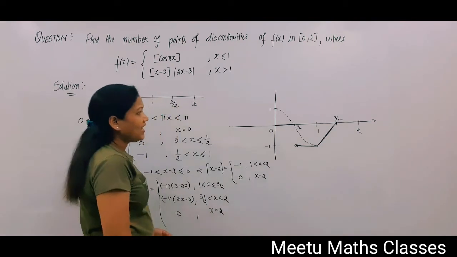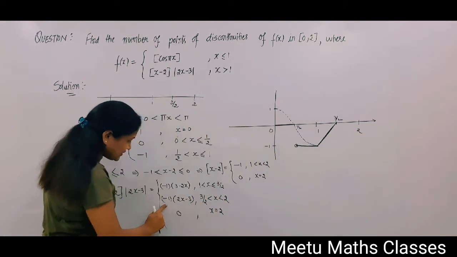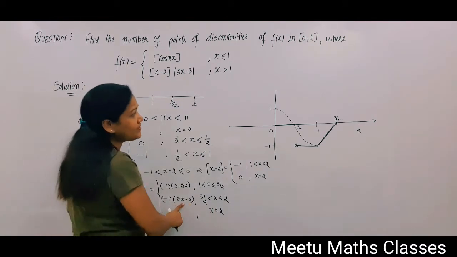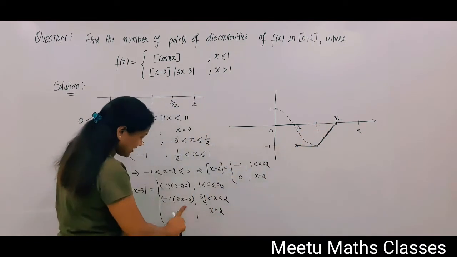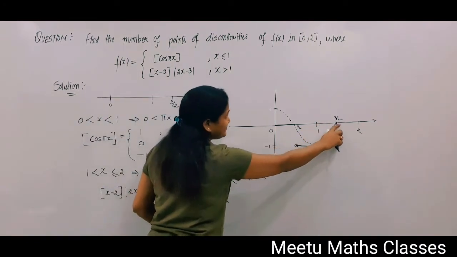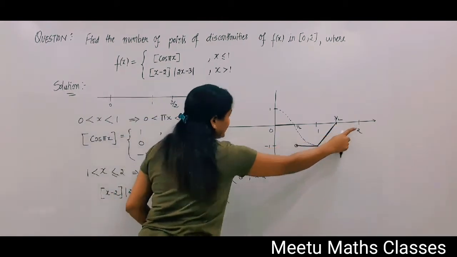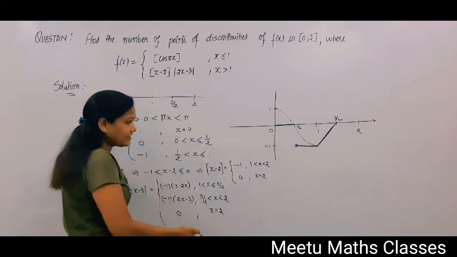Okay. Now in between 3/2 to 2, your graph is defined as again a linear function, 3 − 2x. So for 3 − 2x, when x is equal to 3/2, your graph is y = 0, and when x is 2, your graph is y = −1.